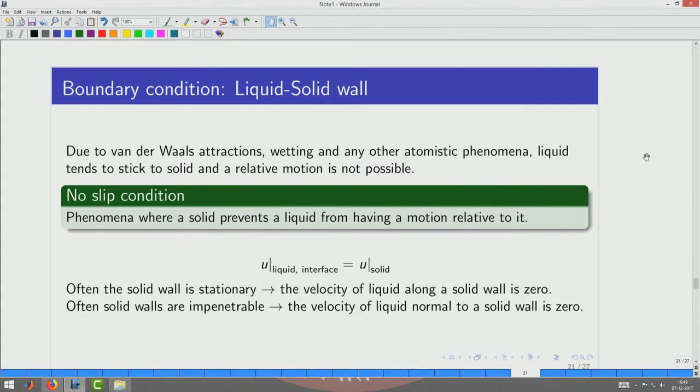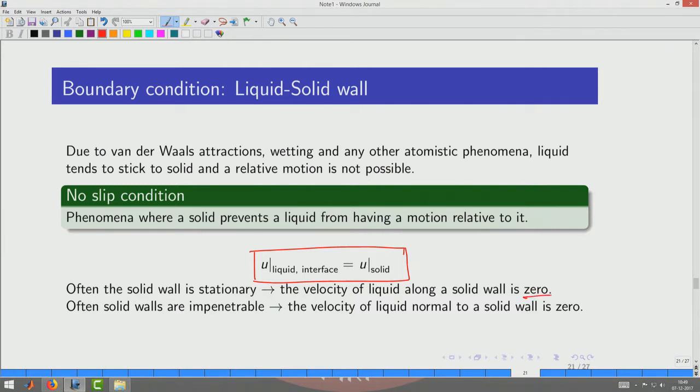So, if the liquid is stuck to the solid, it means that the velocity of the liquid is not different from that of the solid, there is no relative motion. So, this actually is captured by stating here that the velocity of the liquid at the interface is same as the velocity of the solid, and very often the solid wall is stationary, which means that the velocity of the liquid at the wall is 0.